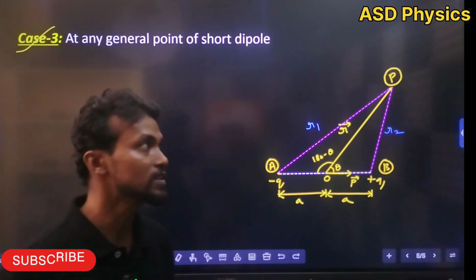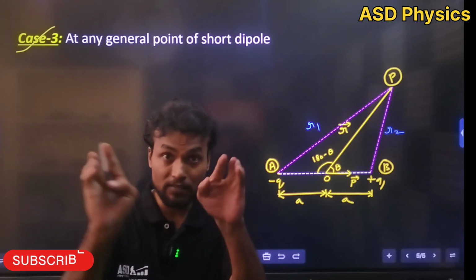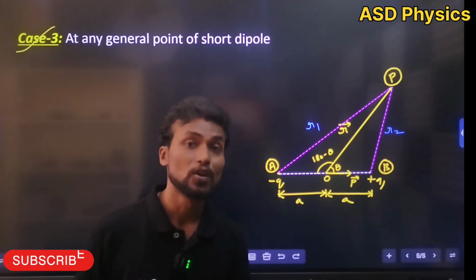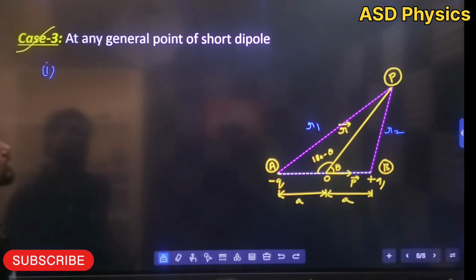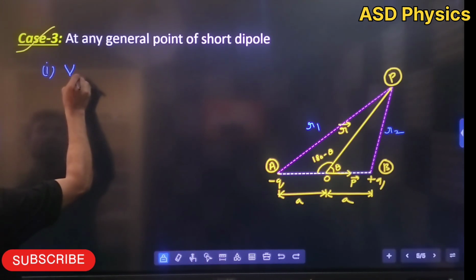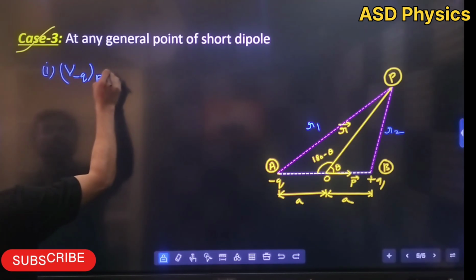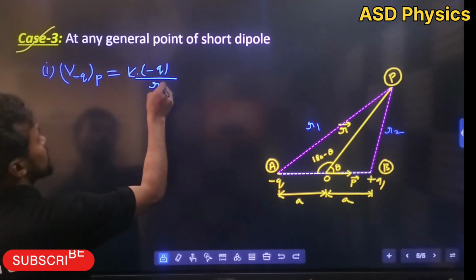Now students, first let's write down the potential formula, then we'll do the approximation and get the final formula. Potential at point P due to minus q charge is given by K into minus q by R1.